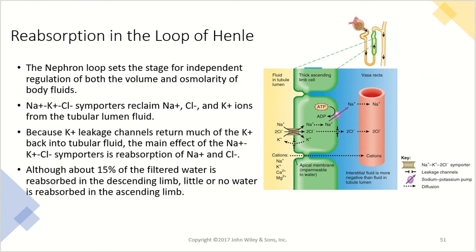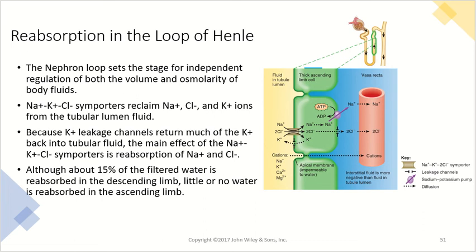That brings us into the reabsorption that's occurring in the loop of Henle. So the nephron loop is going to set the stage for the independent regulation of both the volume and osmolarity of the body's fluids. So sodium, potassium, and chloride symporters are going to reclaim those ions from the tubular lumen fluid.